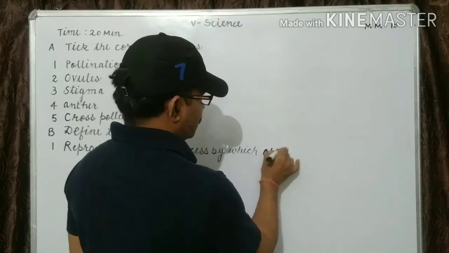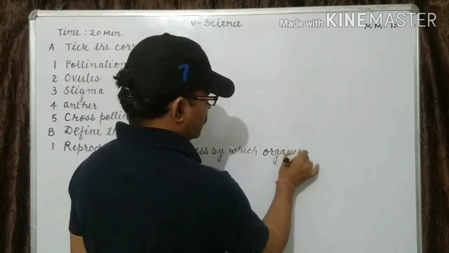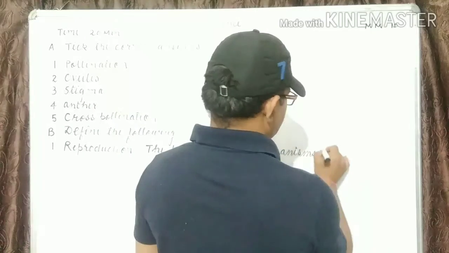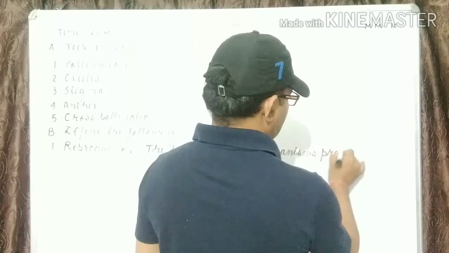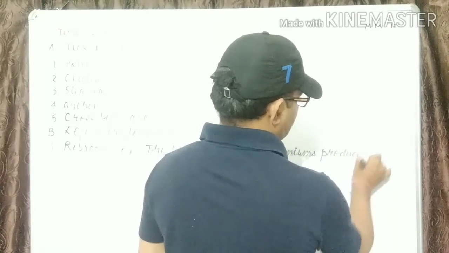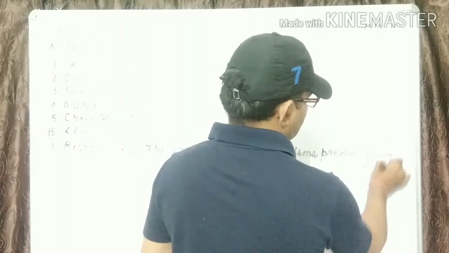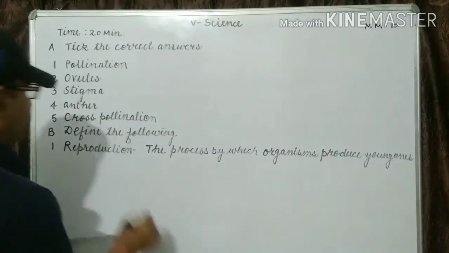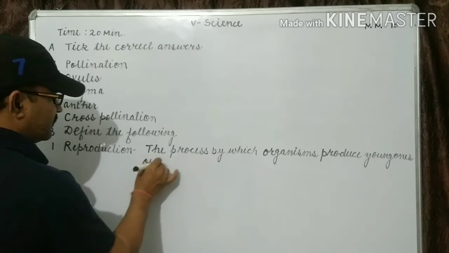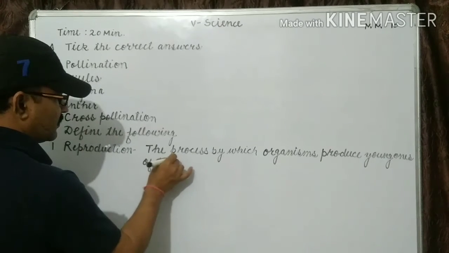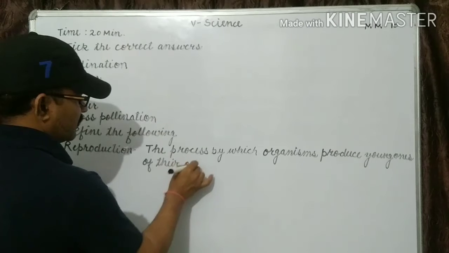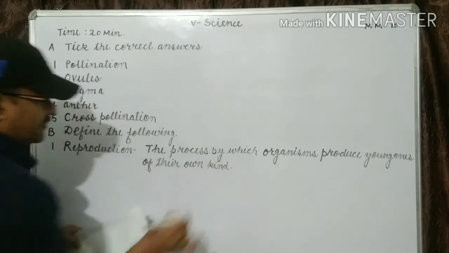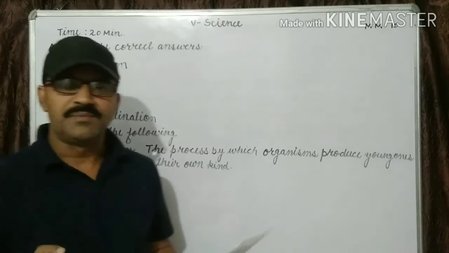Organisms produce young ones of their own kind, it is called reproduction.